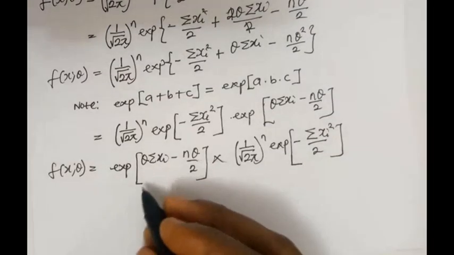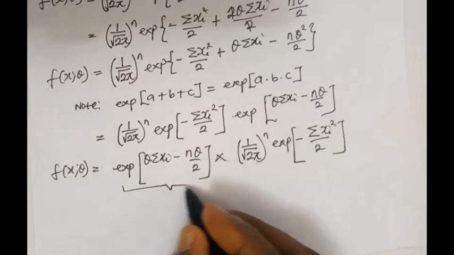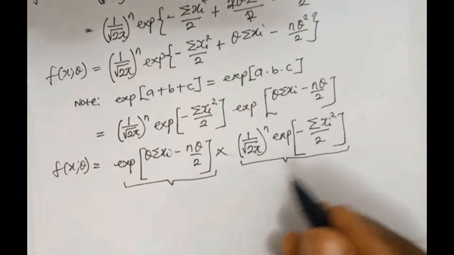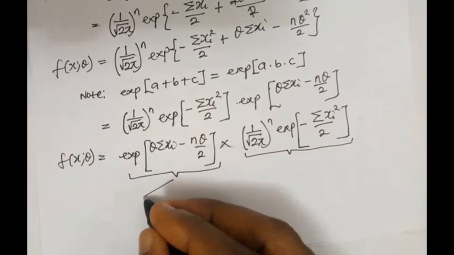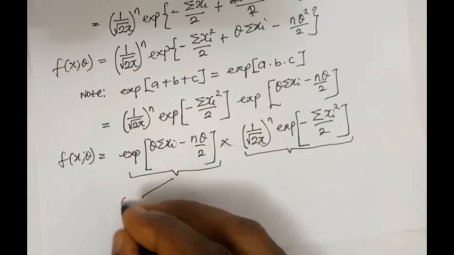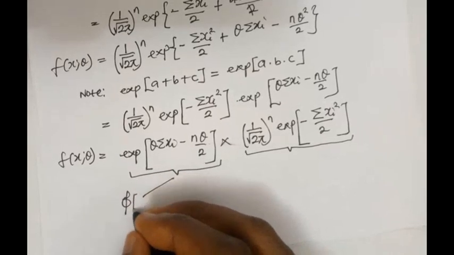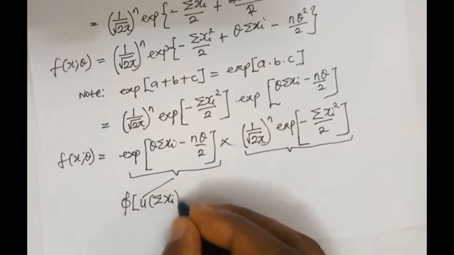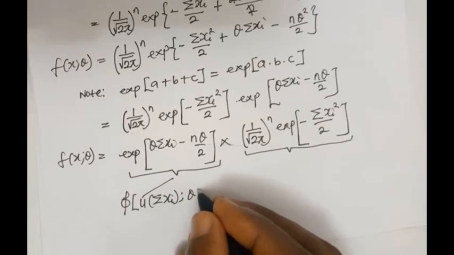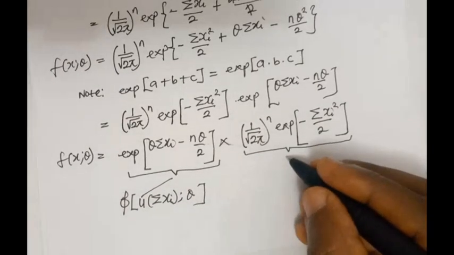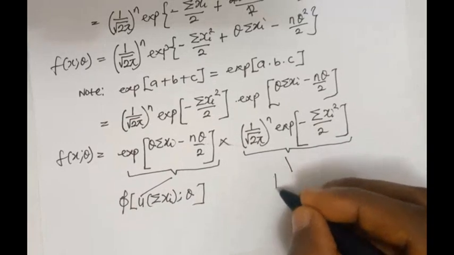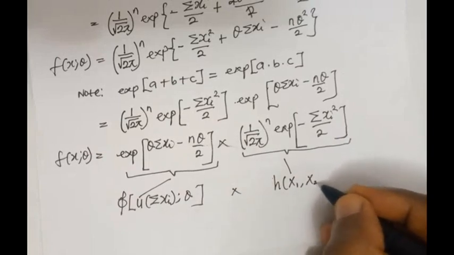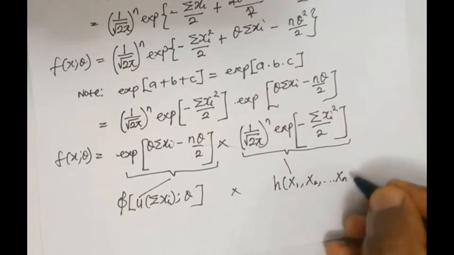This whole of this function, we can compare it with the factorization theorem to check if it is sufficient. So this will give us the function of summation of xi mixed with theta, while this will now become our constant function of x1, x2 to xn.